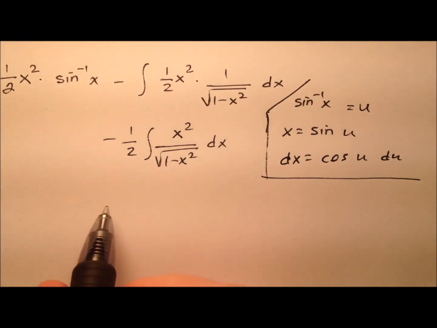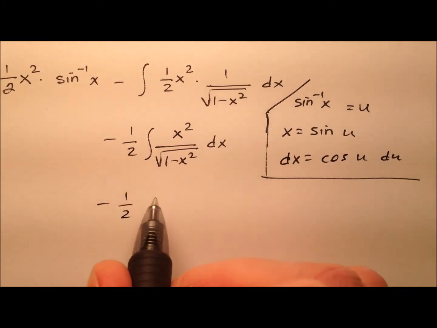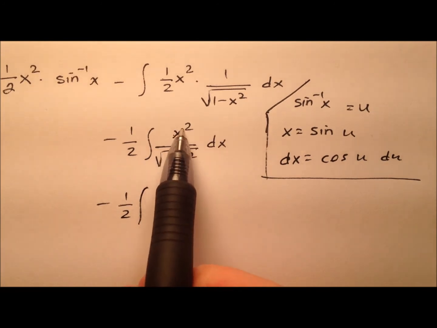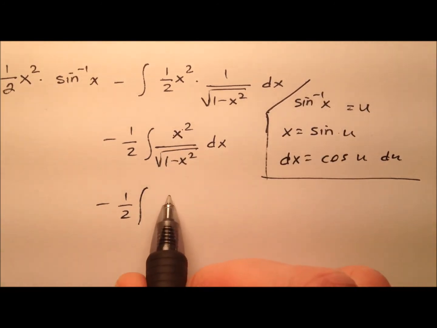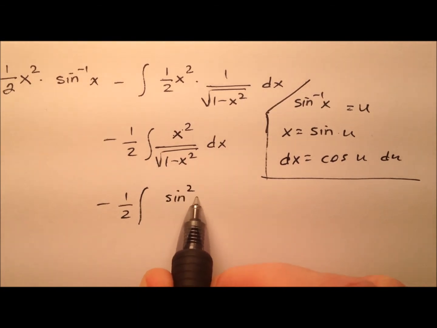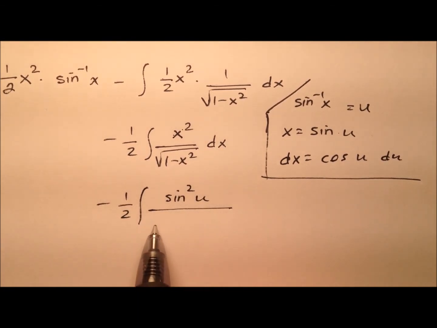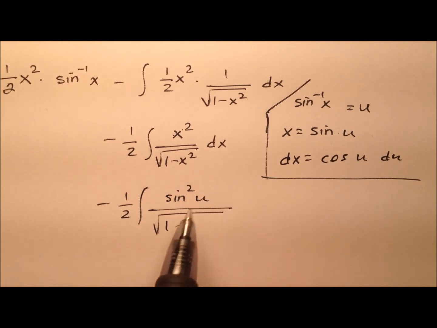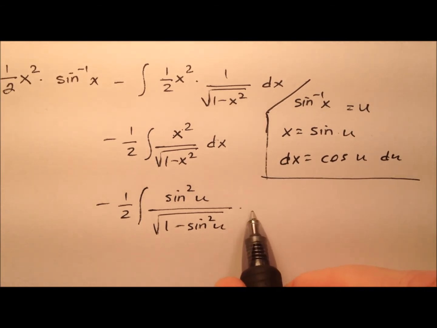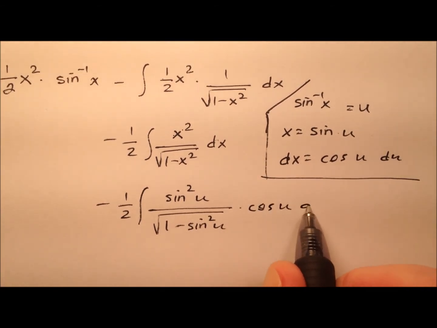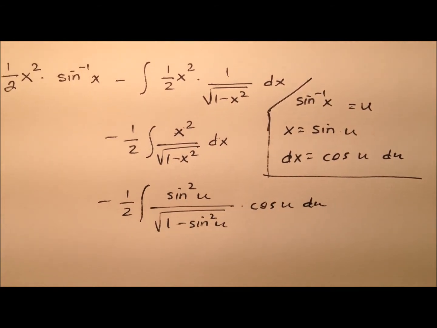So what can we do now for this integral? Well, if I square both sides where my x equals sine u, the x squared becomes sine squared u over the square root of 1 minus, and of course the x squared was sine squared u, and the dx is going to be cosine u du.